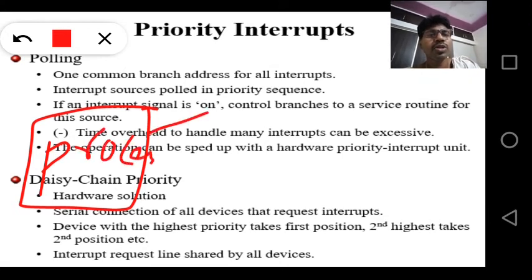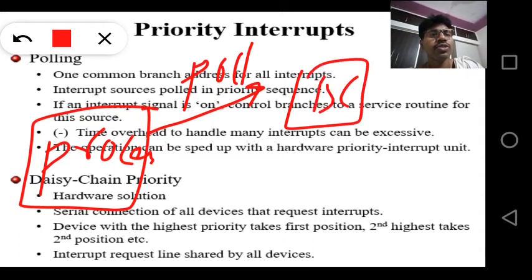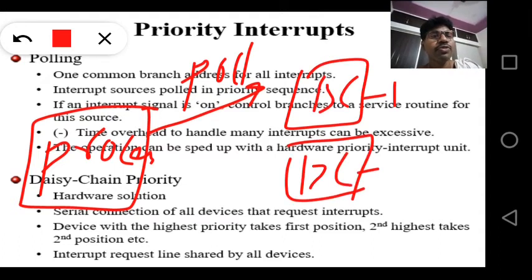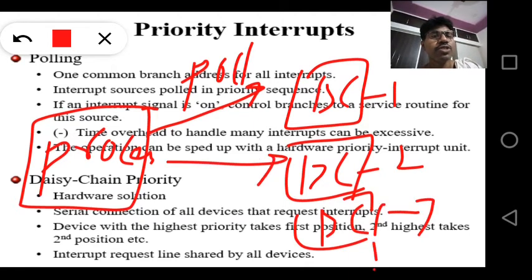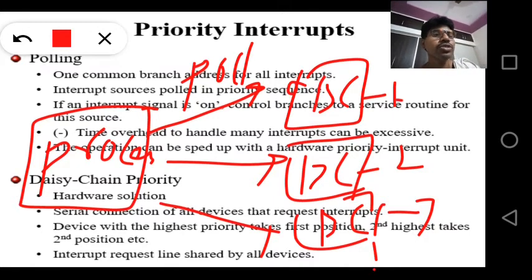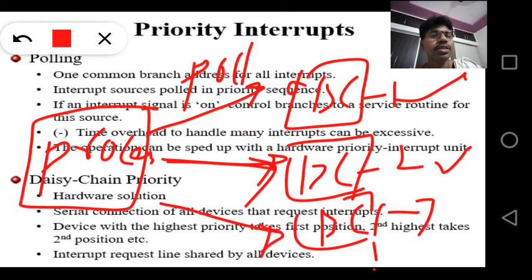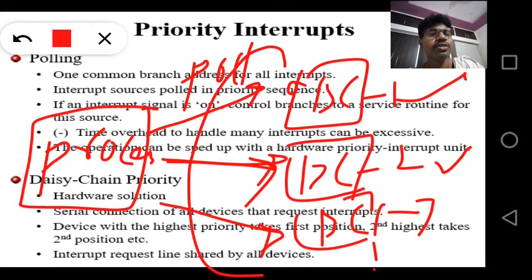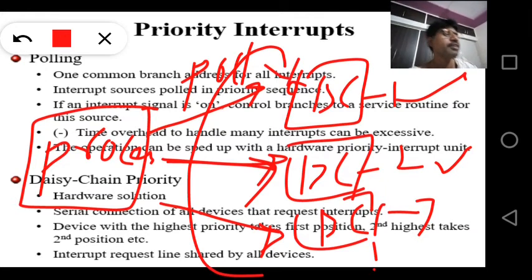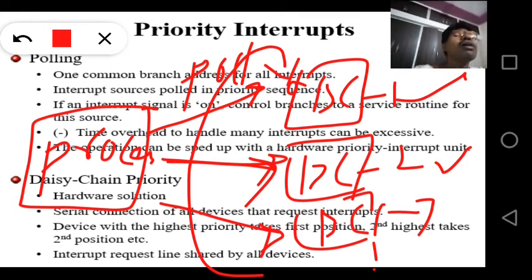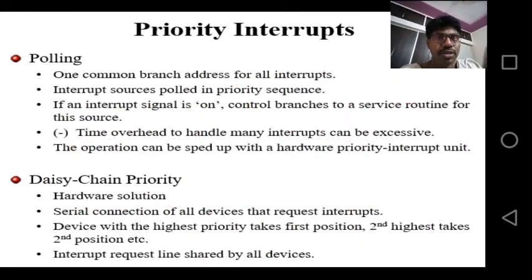Remember, for each input or output device there is a corresponding device controller. It polls, do you have an interrupt signal on? If so, process it. Next it asks device controller 2, if it has an interrupt, execute. Then this loop is repeated. So the processor is busy in the polling process itself. It is not advisable, right?